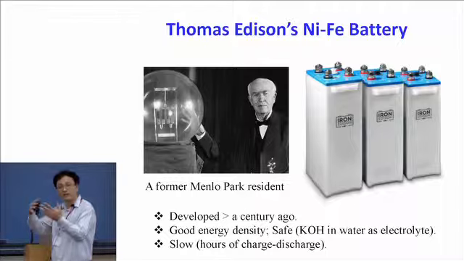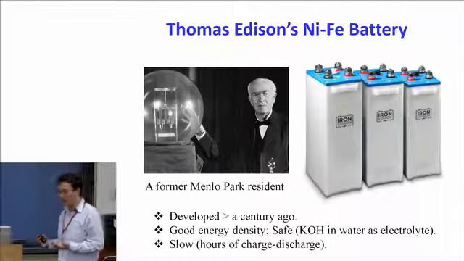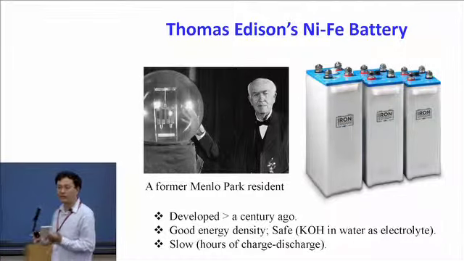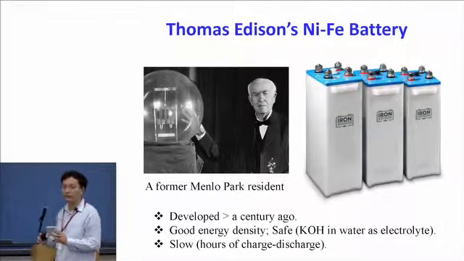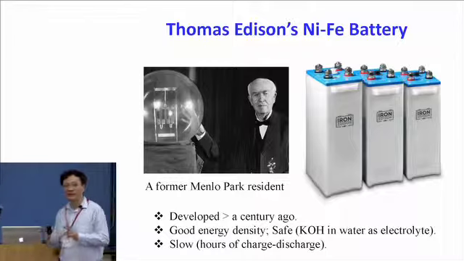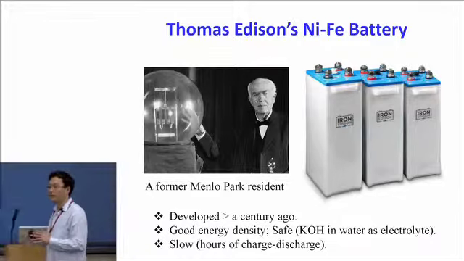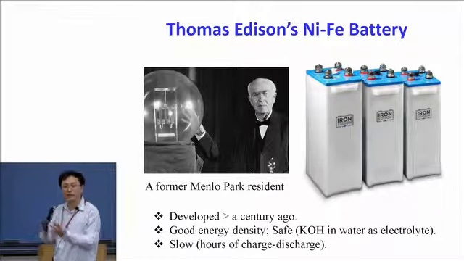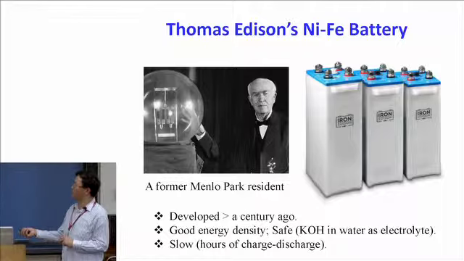So the electrolyte in this battery is actually water instead of organic electrolyte, which is typically flammable, right? This is why the Chevy Volt caught on fire some time ago. It's because the electrolyte, the organic solution in the battery, actually caught fire. But this is water, so it's going to be very safe. It's not going to burn.